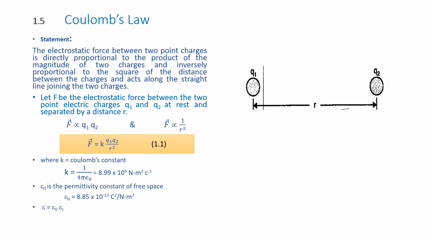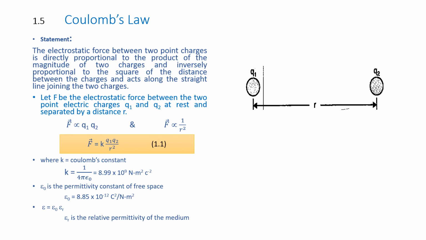If the bodies are placed in a dielectric medium, then the value of epsilon changes, and it is given by epsilon is equal to epsilon naught epsilon r, where epsilon r is the relative permittivity of the medium.